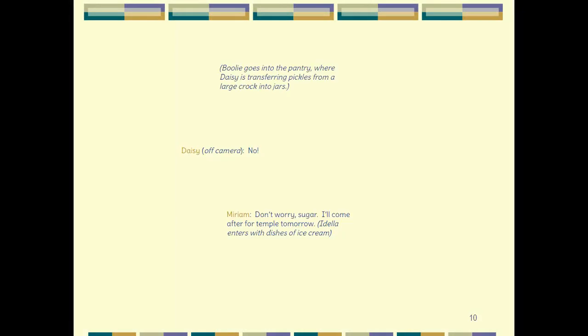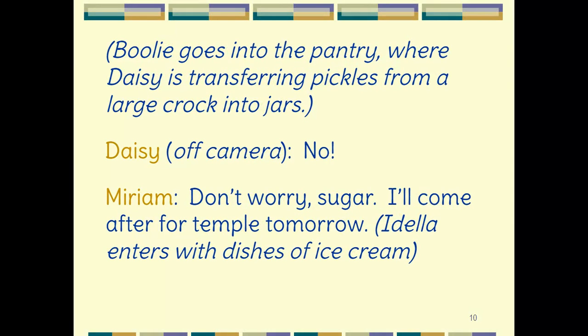Let's take a look at an example. All right, so at the top, those are stage directions. It just tells you what's happening on stage. So Bully goes into the pantry where Daisy is transferring pickles from a large crock pot into jars. And then you have the dialogue, Daisy, right here. And it says Daisy is off camera because where's Daisy? She's in the pantry.